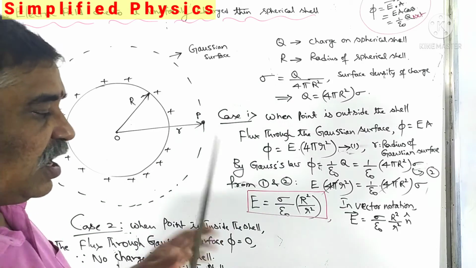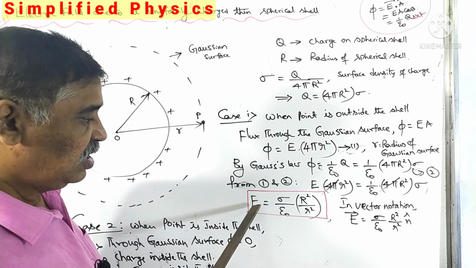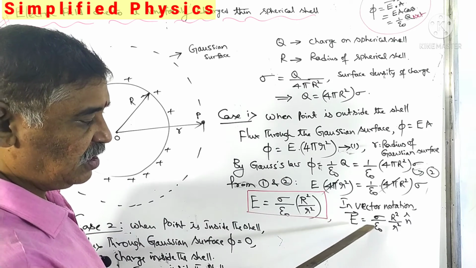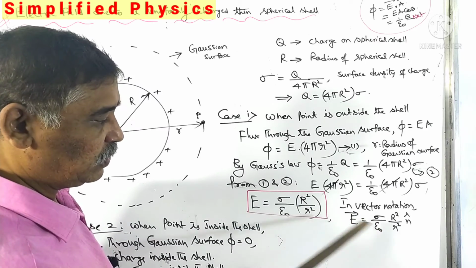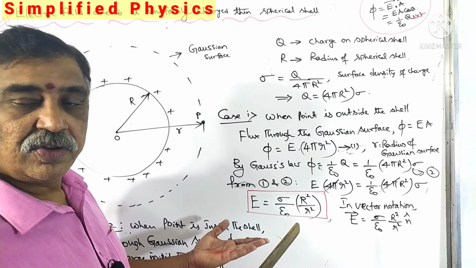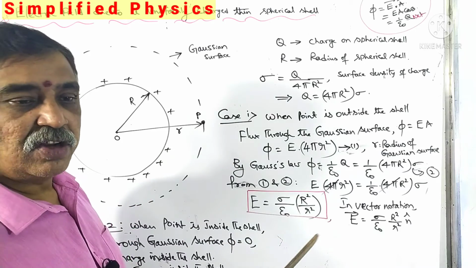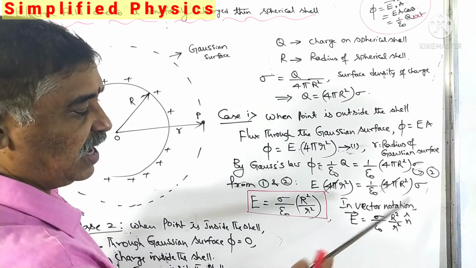So this is the general equation. In vector notation, vector E is equal to sigma by epsilon naught, R square by r square, n cap, where n cap is the unit vector in the direction of electric field.